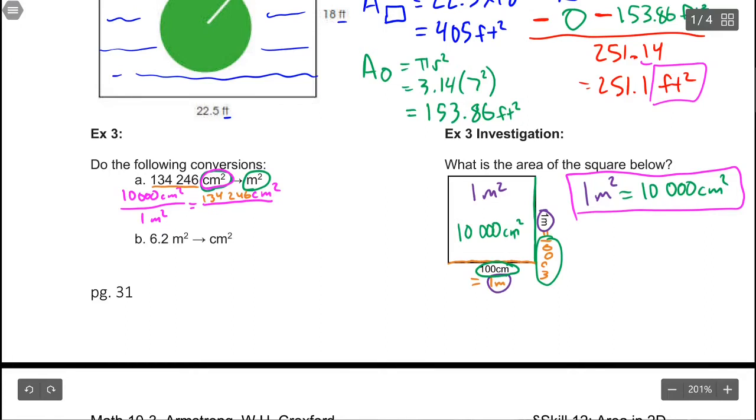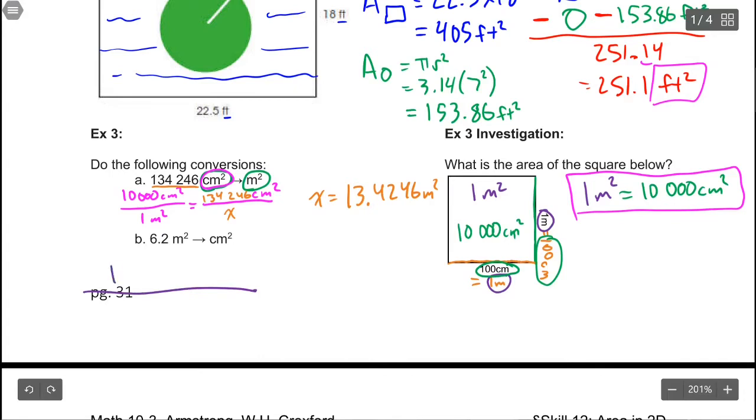And when you cross multiply and divide, you get that x is 13.4246 meters squared.